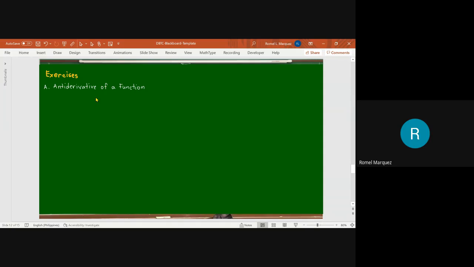So again, let us have the following exercises on antiderivative. Let's say we're given the following. By guessing, determine the antiderivative. And then we're going to have also exercises on identifying parts of an integral. So let's start with that.